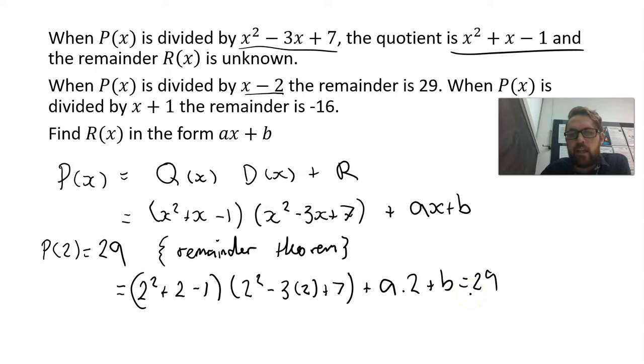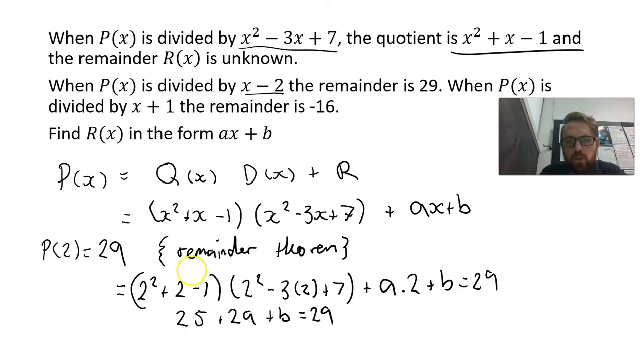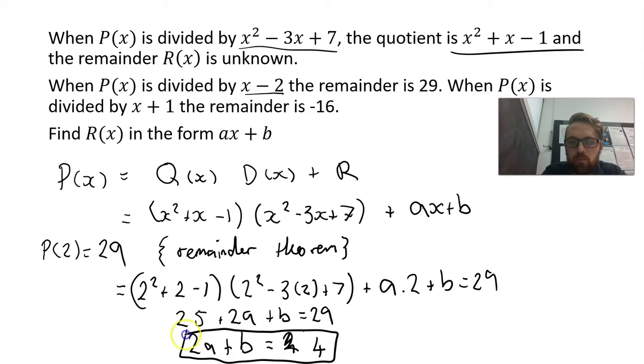If you quickly multiply these numbers out, you'll get 25 plus 2a plus b equals 29. If I move my 25 to the other side, subtracting it from both sides, I get 2a plus b equals 4. That's my first useful equation. I've got 2 unknowns in one equation, so I can't work it out yet, but we have enough to do it again. So 2a plus b equals 4, and that's our first equation we're going to use.